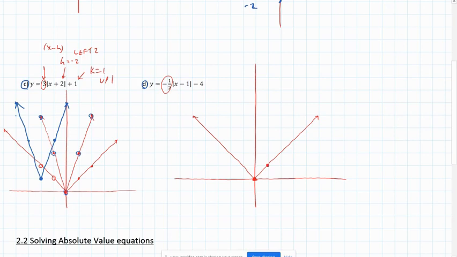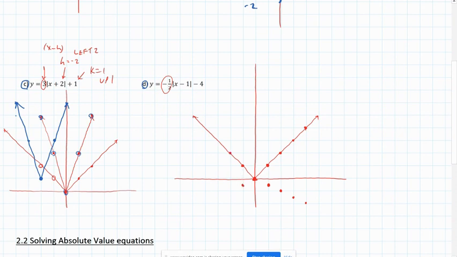This point has a y value of 1, and so now it's going to be -1/2. This point has a y value of 2, so now it becomes -1. This point has a y value of 3, becomes -1.5. This point has a y value of 4, becomes -2. This point has a y value of 1, becomes -1/2.